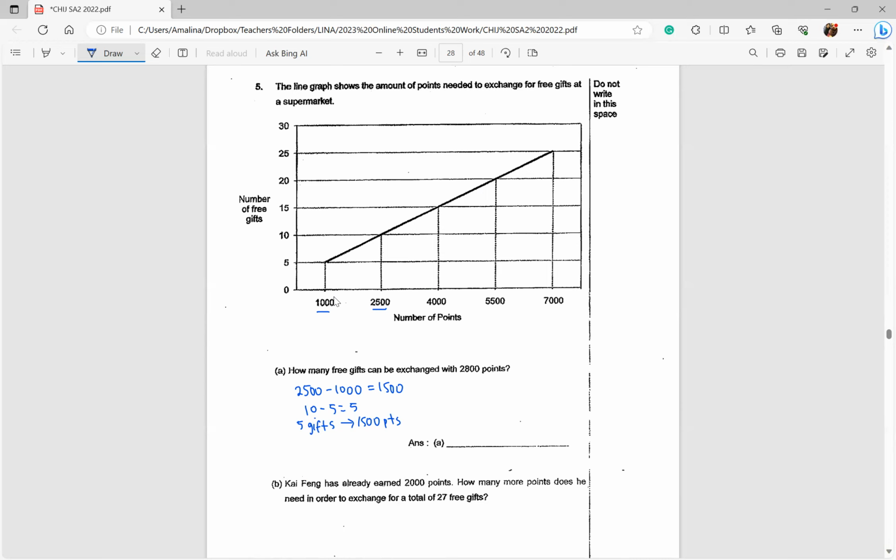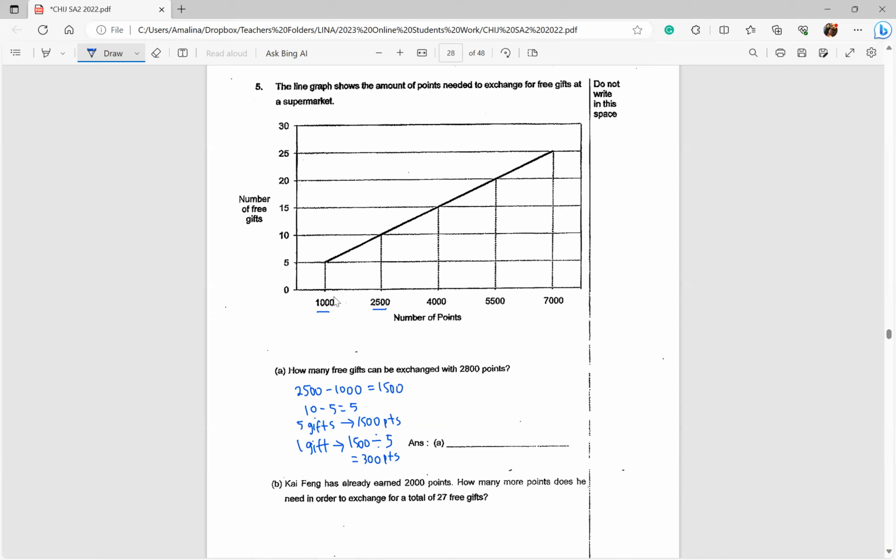If I want to find for one gift, I take my 1,500 points and divide by 5. So I get 300 points. I know that for every one free gift, I must accumulate 300 points.